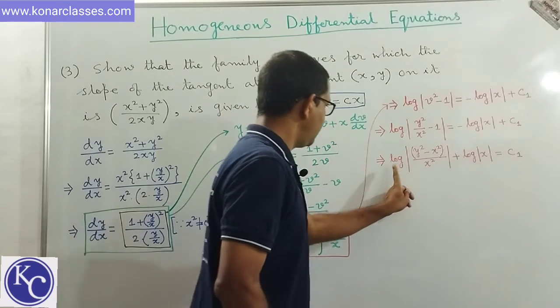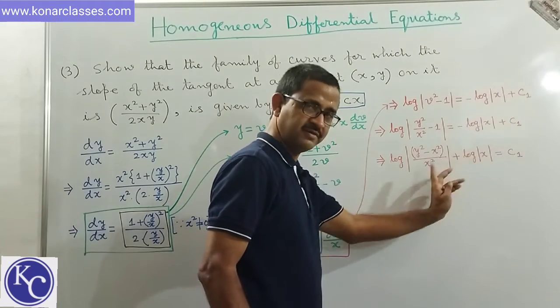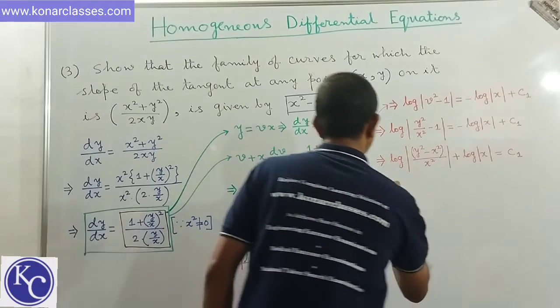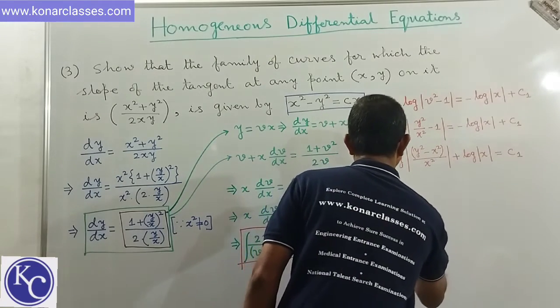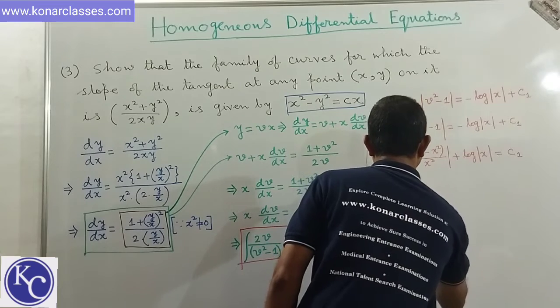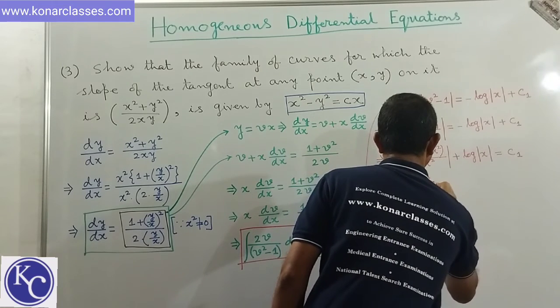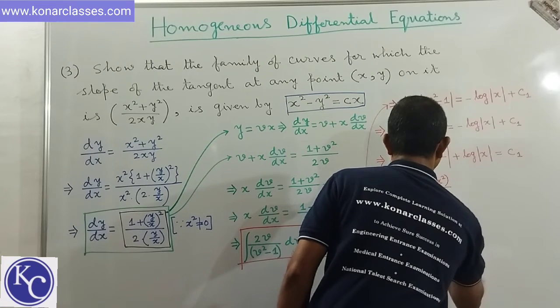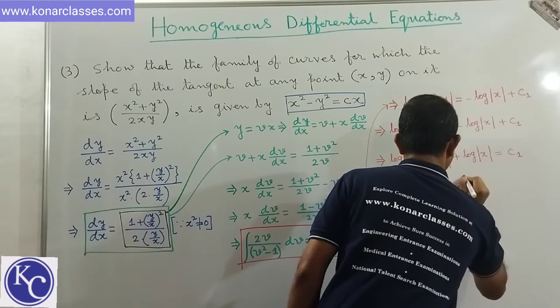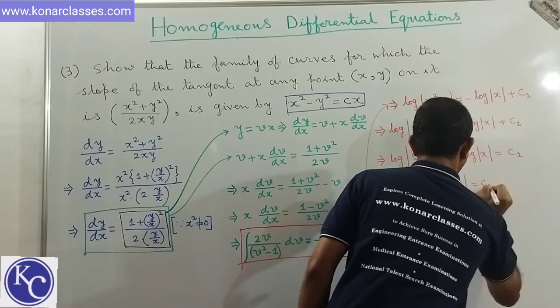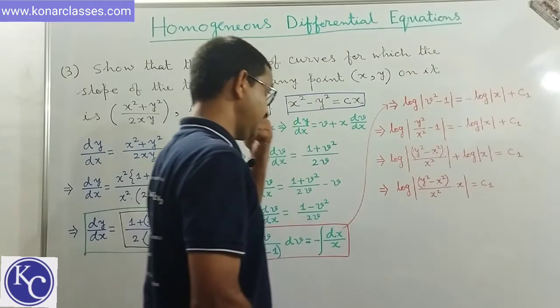Now log m plus log n is equal to log of m into n. So from here we can write, dear students, log mod (y square minus x square) divided by x square into x is equal to C1, correct?